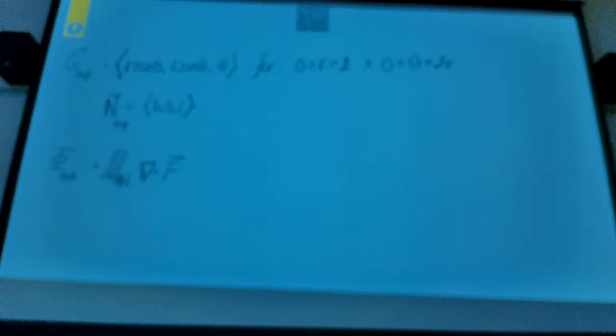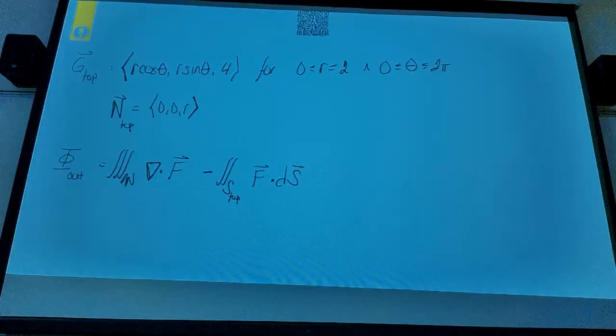So you find the flux through the closed surface. But subtract the flux that's coming through that top surface because it's open.